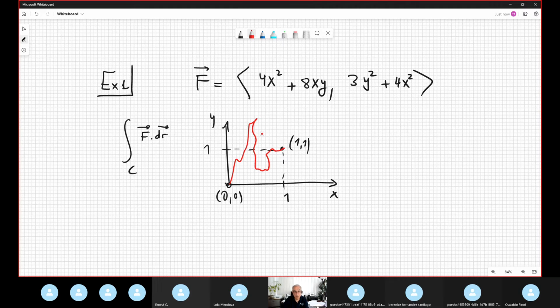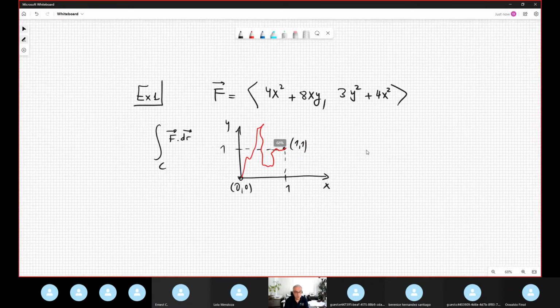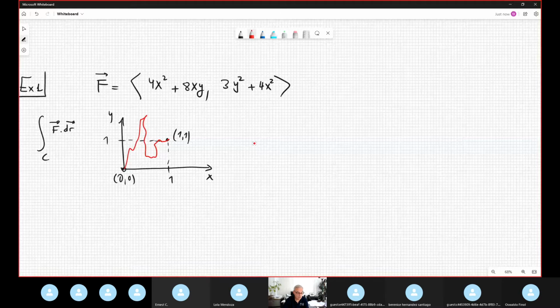It doesn't mean it's path independent, because you have no equation for this trajectory. So just in case, I check to see if my vector field is conservative or not. If it's conservative, you find the potential function and compute it between the 2 points, and that's it.